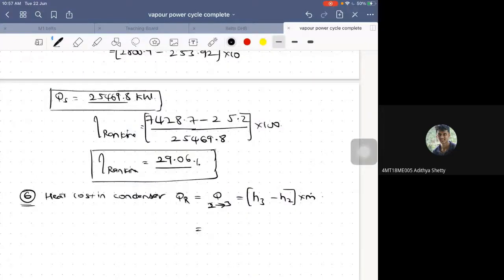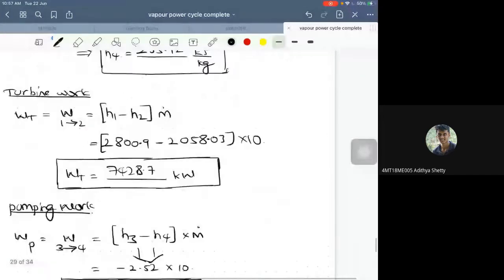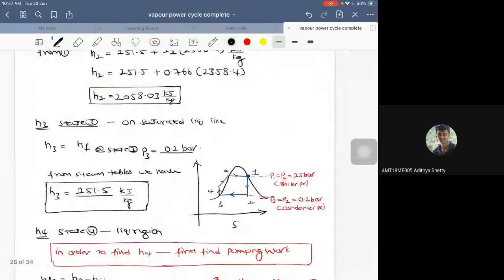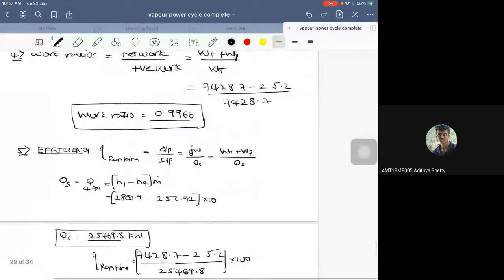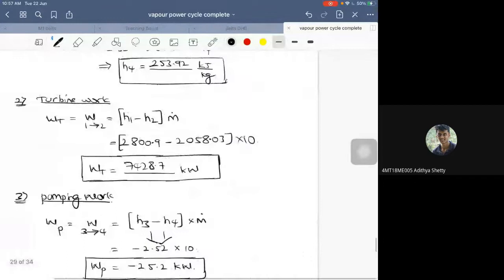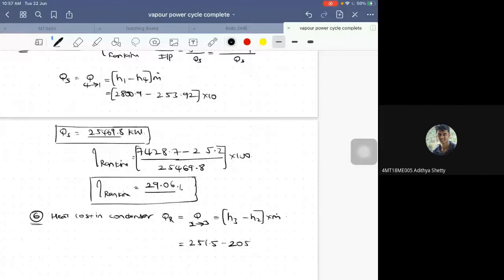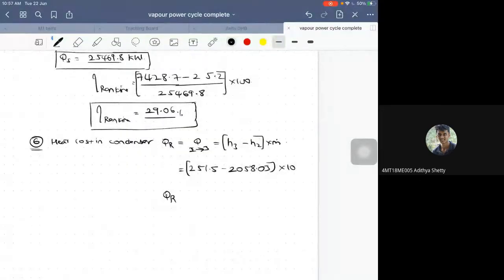H3 is 251.5, minus the value of H2, 2058.03, multiplied by 10. So this is the heat rejected in the condenser in kilowatts.